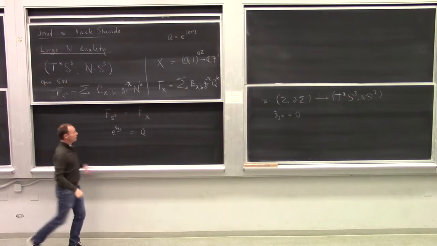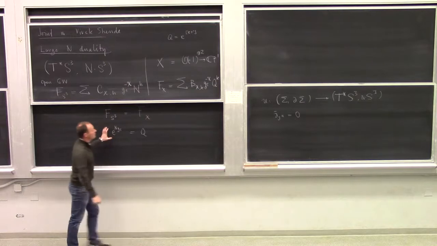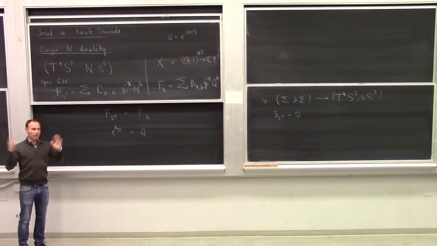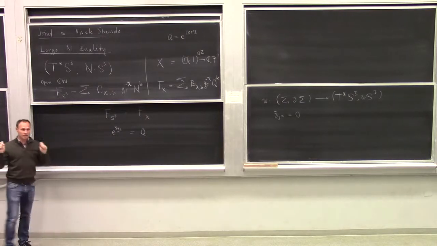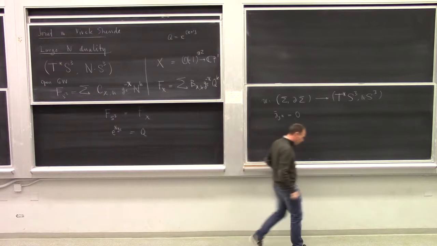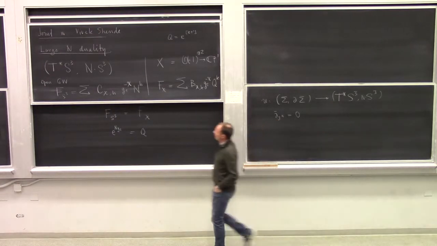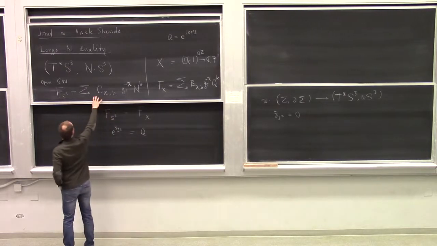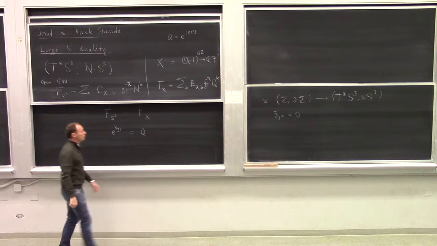So if you want to think about it from this point of view, you put this into the N g_s here, you expand it, and you collect terms, and then this is what you should get. Okay? So that's the statement of this large N duality, and one of the main points of it is that indeed it relates some kind of open Gromov-Witten theory to closed Gromov-Witten theory.